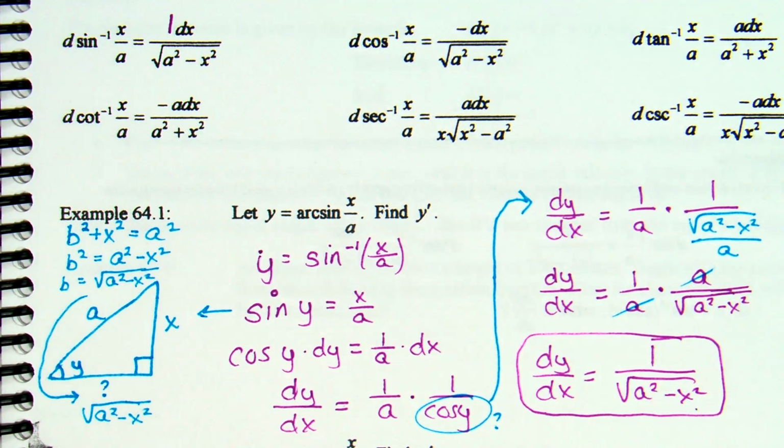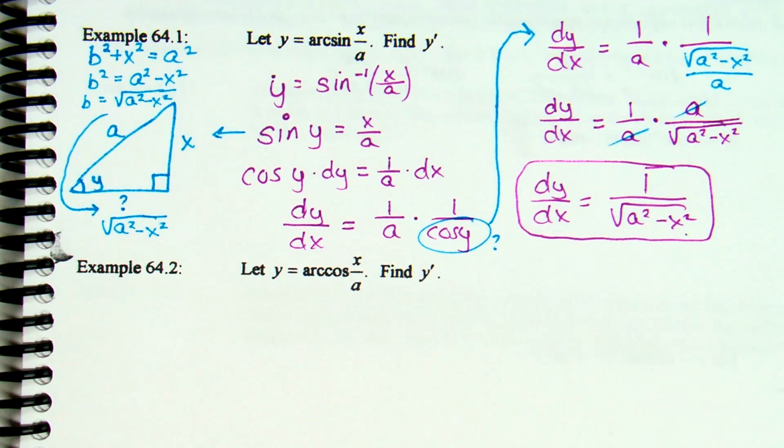Okay. So this next time it should be a little easier to repeat the process, because now we've got to do the same thing with cosine. This time we're starting with y equals arc cosine of x over a, and we want to find y prime. So, first of all, arc cosine is another way of saying what?